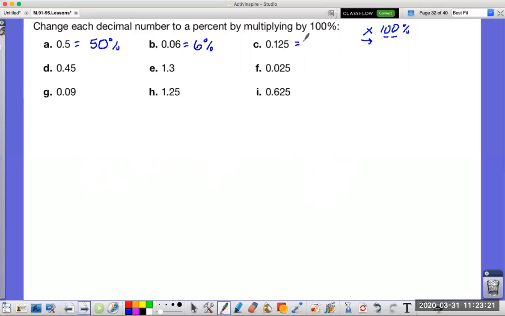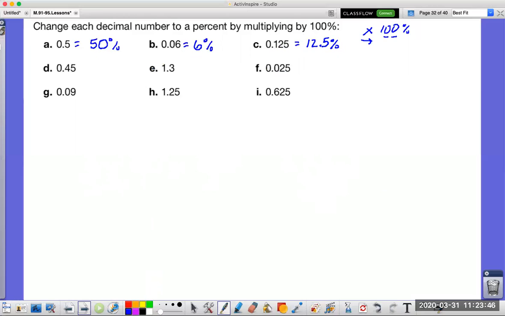All I need to do is rewrite these digits, 1, 2, 5, and move that decimal 2 places to the right. Let me rewrite that, 5, so that I've got space for my decimal. My decimal should be right here, 2 places over, and then I put a percent sign on there.